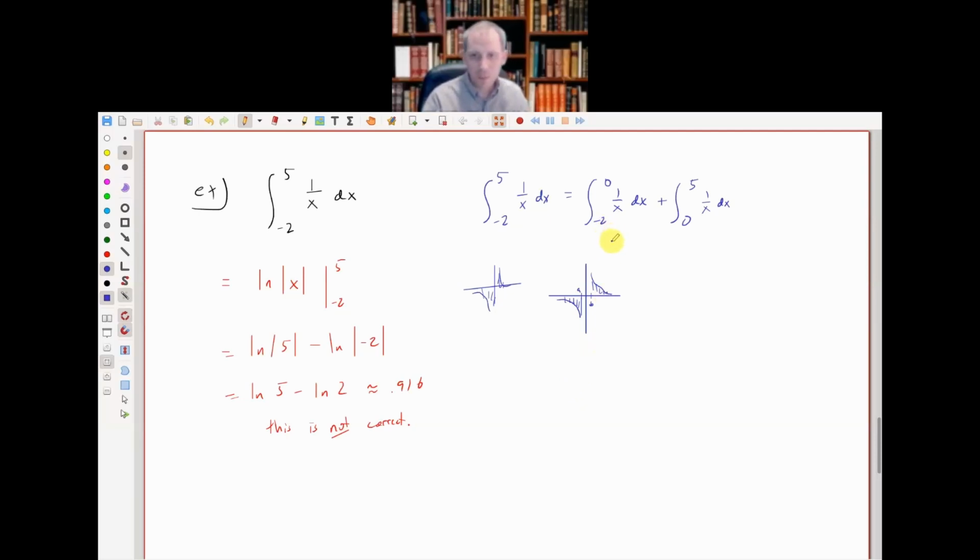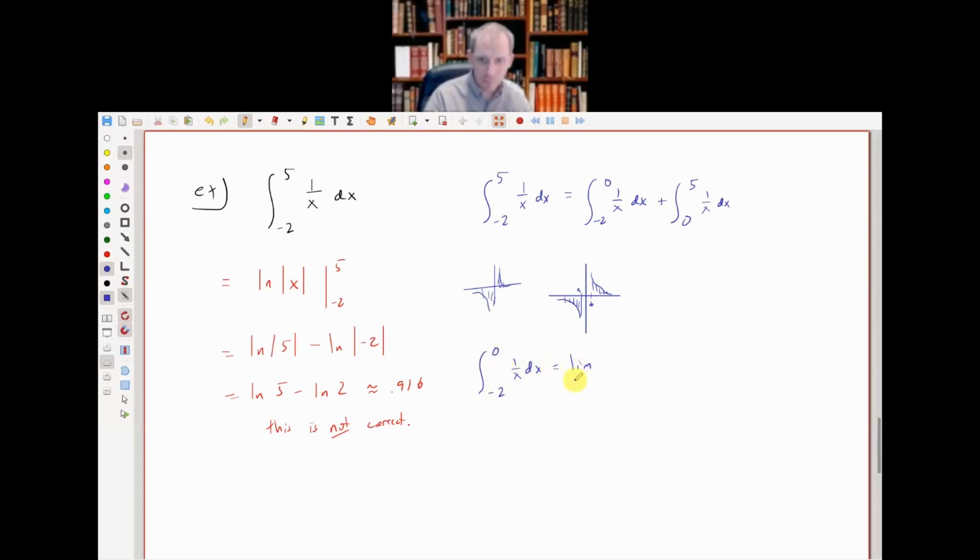So that's the conceptual idea. The way that we compute this is just like we did before. I'm going to replace the bad point with a variable and take a limit as that variable goes to 0. So let's look at the integral from -2 to 0 of 1 over x dx.